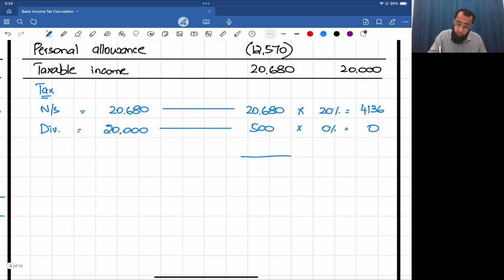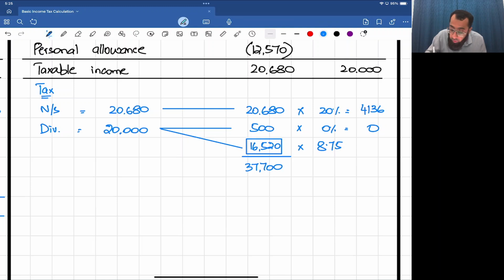Okay. Let's look at the basic rate band. Your basic rate band is 37,700. What's the remaining space in basic rate band? Your basic rate band is 37,700 minus 20,680 used by non-saving and 500 used by the dividend income. So now the space in the basic rate band is 16,520.